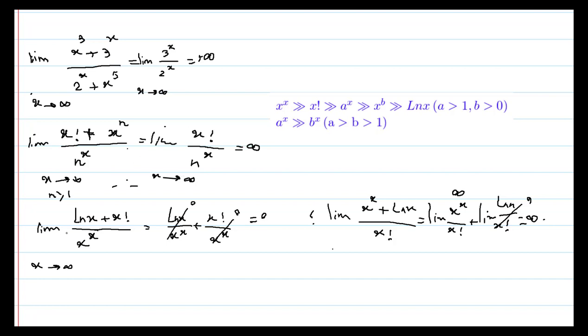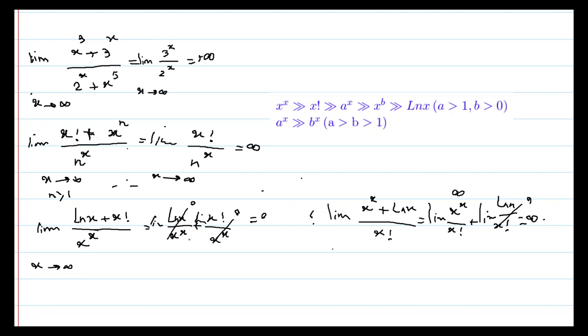And for this example, the limit of ln x plus x factorial over x^x is equal to... If I compare ln x and x factorial, again x factorial is more than ln x. Or I can separate them: ln x over x^x plus x factorial over x^x, so I get a separate limit for each according to the theorem of the sum of limits.